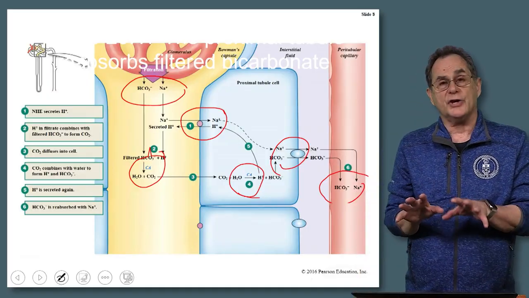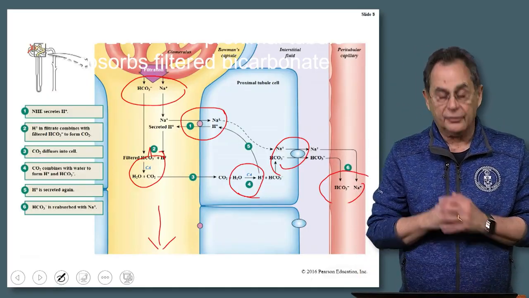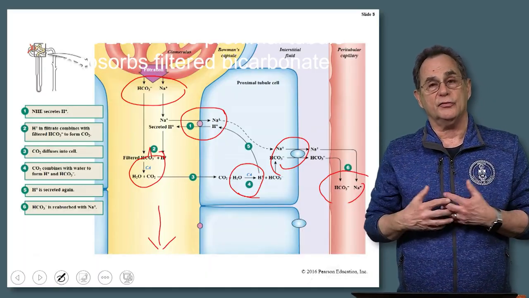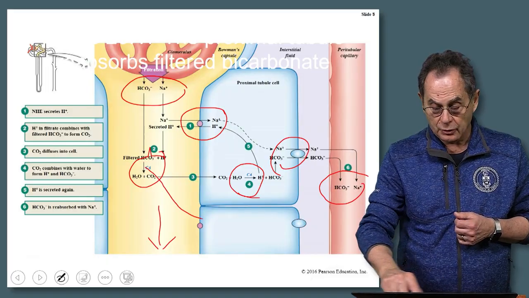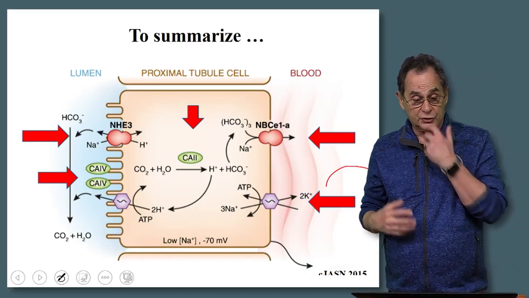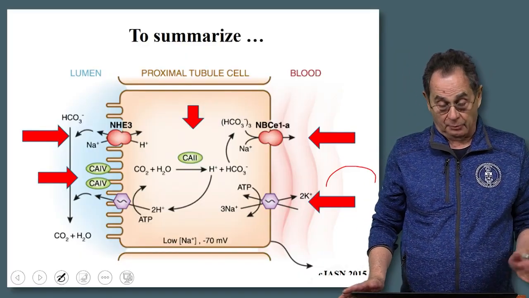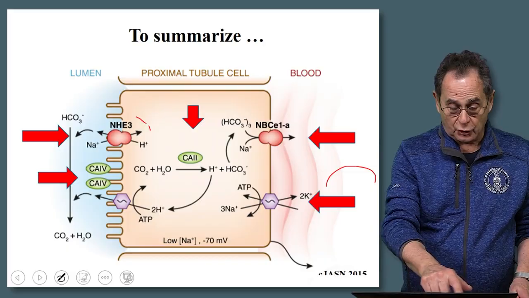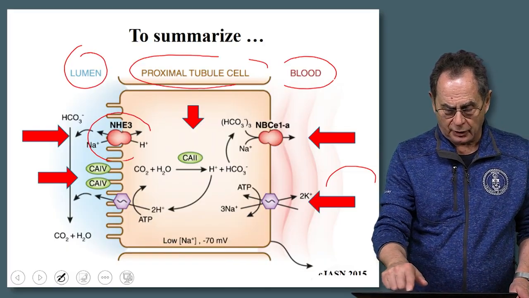And this process increasingly limits the amount of bicarbonate that moves down the nephron and returns the bicarbonate to the circulation and doesn't waste it. So to summarize, what we see here are a number of events. Here's our lumen, here's our proximal tubule cell, here's our blood compartment.